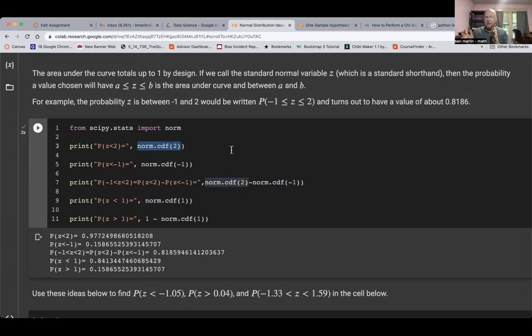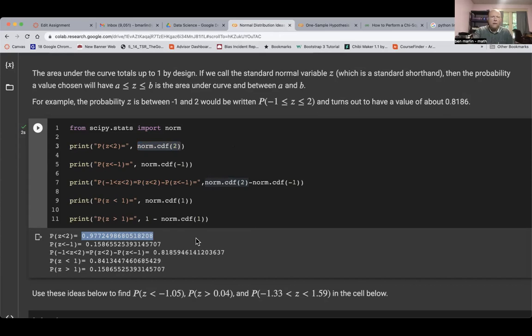But anyway, it's getting the area to the left of something. So norm.cdf of 2. If you notice down here, when I executed, it came up to say that the area to the left of z equals 2 turned out to be 0.9772.